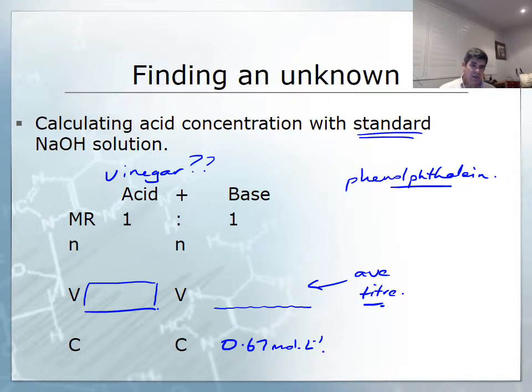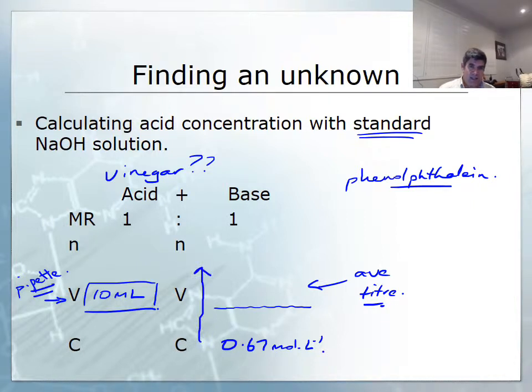So let's say we decide to titrate against a 10 ml aliquot. Okay, so this is going to be measured with our pipette. Hopefully a bulb pipette or something like that. It's going to give us an aliquot of 10 mils of vinegar. So this time, once again, we're going to go up.